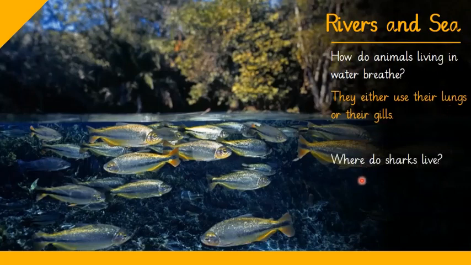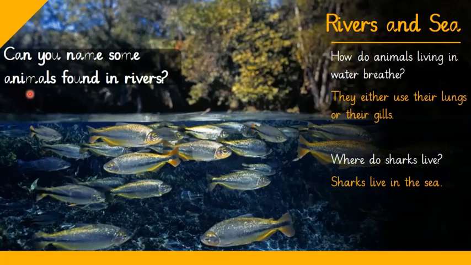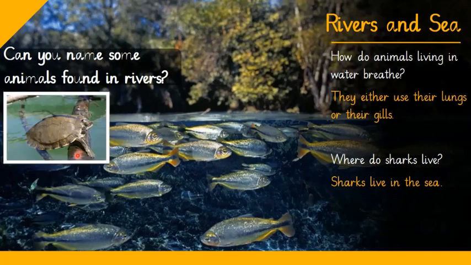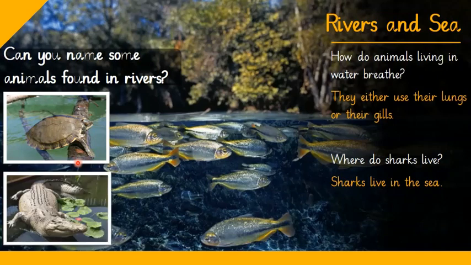Where do sharks live? Sharks live in the sea. Can you name some animals found in rivers? See, there are fish that live in the rivers, and there are turtles as well as crocodiles that are present in the rivers.